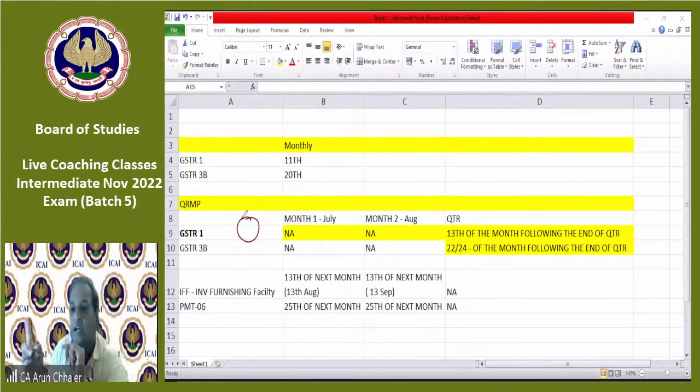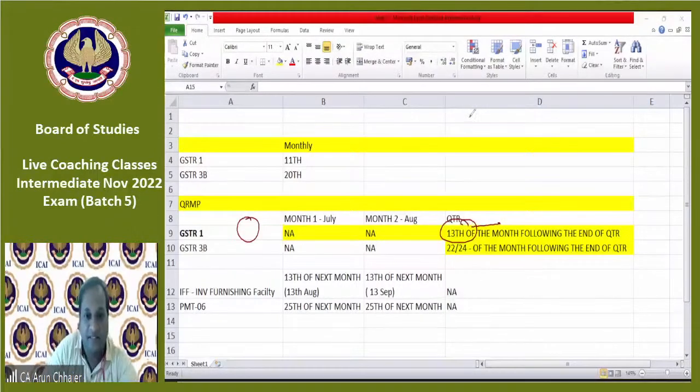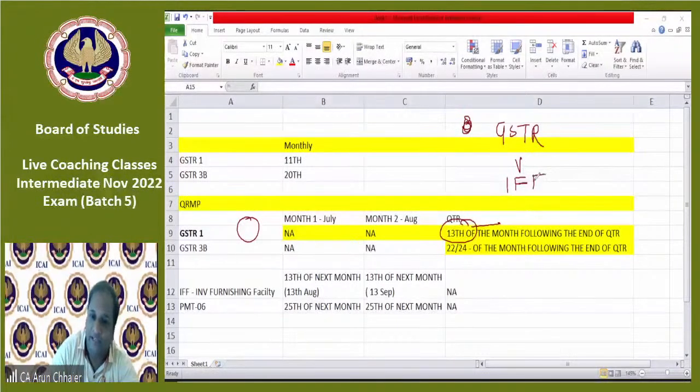GSTR1 you can furnish after the due date also. Suppose I would like to furnish the GSTR1 after the 13th, at the end of the quarter. Try to understand the difference. GSTR1 is possible after the end of the quarter, after the end of the month, or after the due date, but IFF has to be furnished by the due date. After the due date, you cannot furnish.